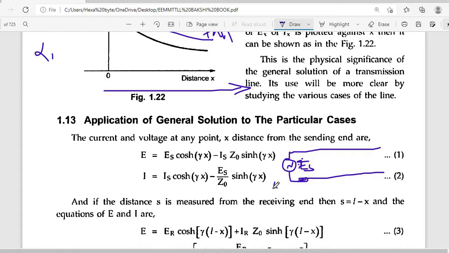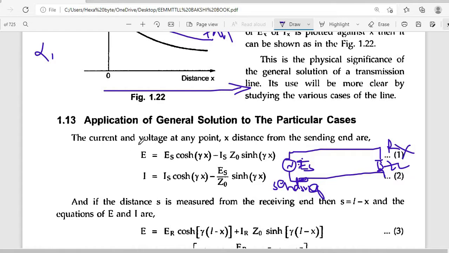This is the sending end. So this load side, ZL or ZR, load side is the receiving end.